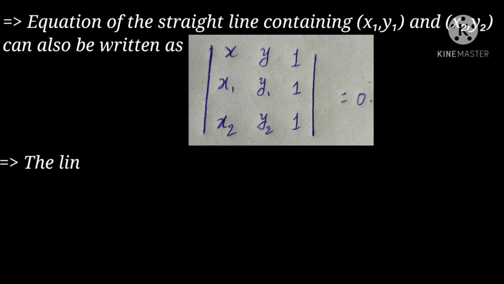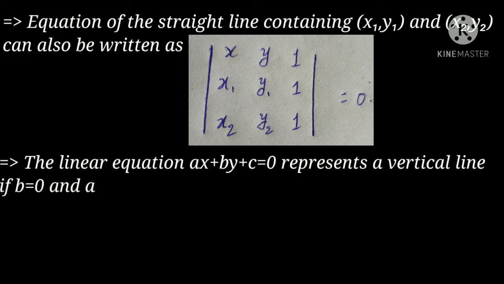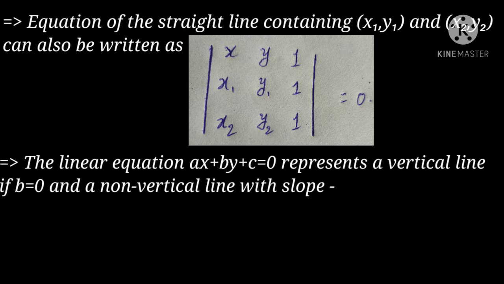Next, the linear equation, or general straight line equation, ax plus by plus c equal to 0 represents a vertical line if b equal to 0, and a non-vertical line with the slope minus a by b if b is not equal to 0.